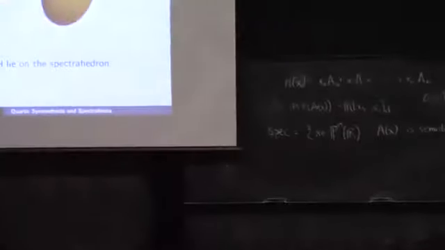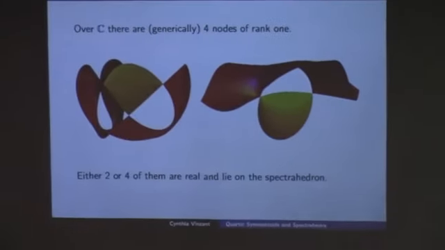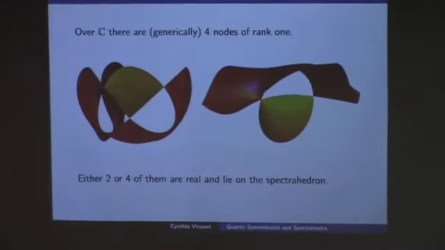But that's all that can happen. There are two flavors of yellow spectrahedron defined by cubics, by 3 by 3 matrices, generically. Either you have 4 rank 1 matrices, or you have 2 rank 1 matrices.